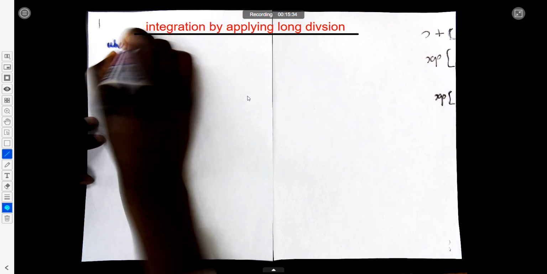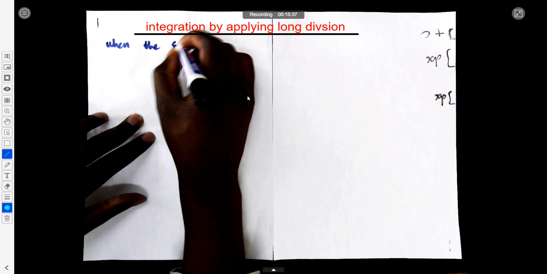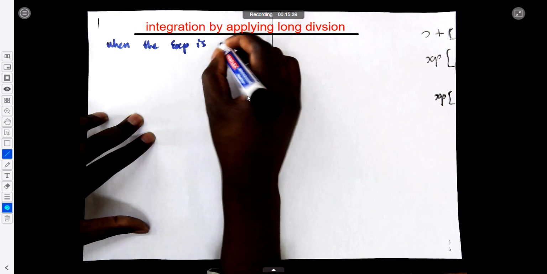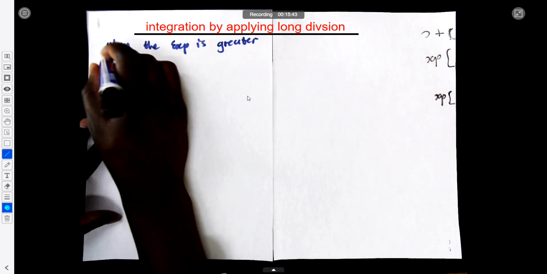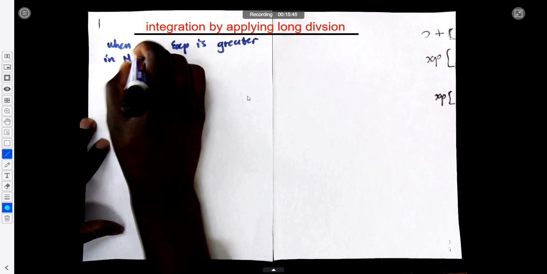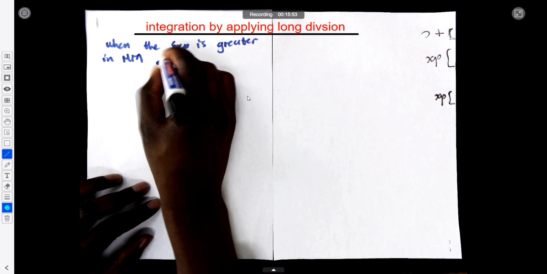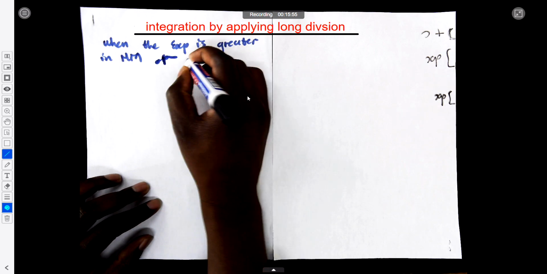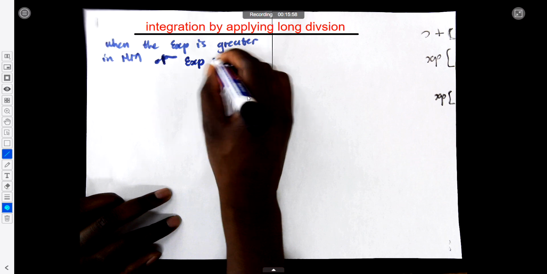I apply it when the degree of the exponent is greater than the numerator.